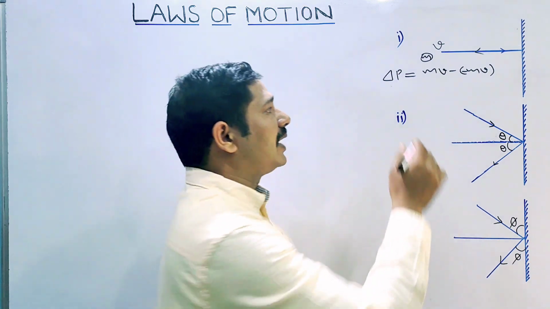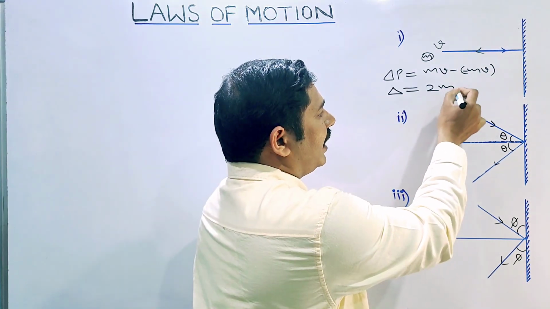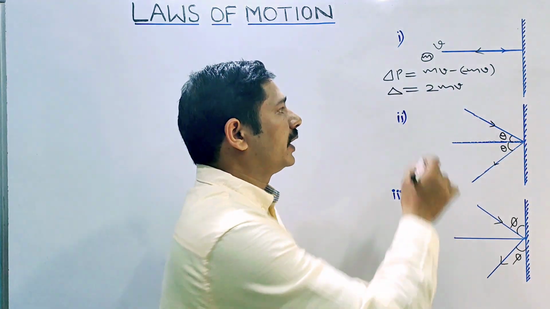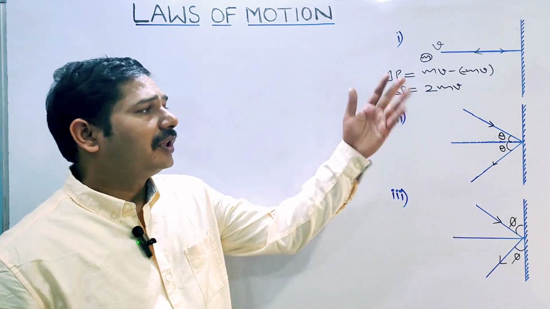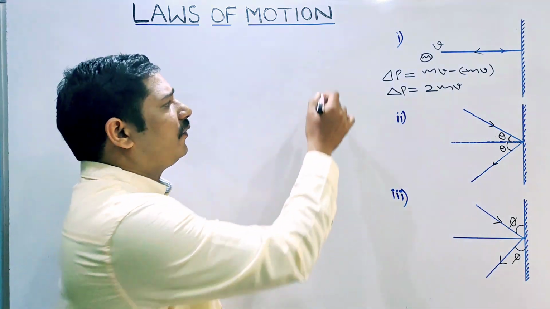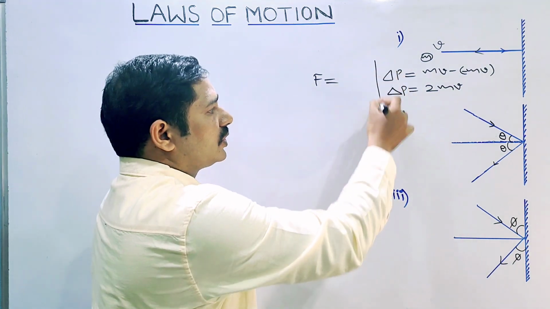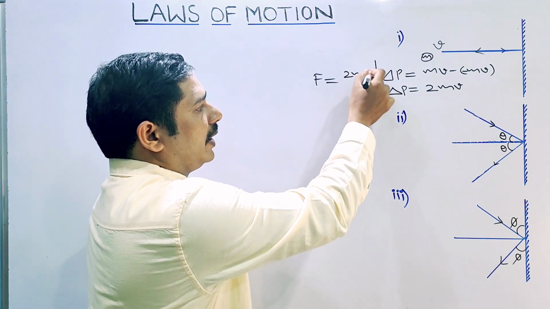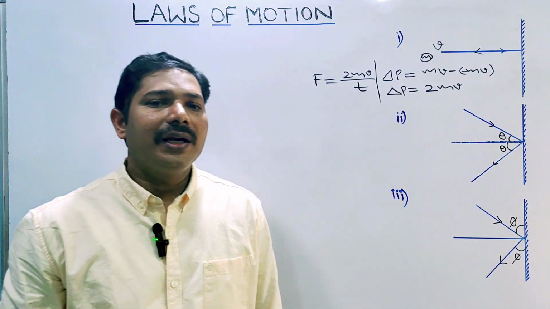So minus of minus, total 2mv. Delta p equal to 2mv. Then the force is the rate of change of momentum, so we can take 2mv by t.